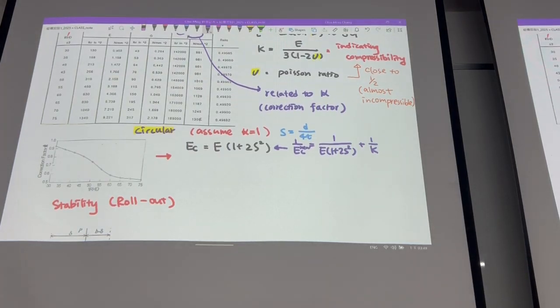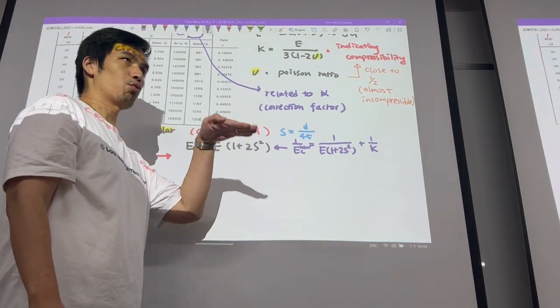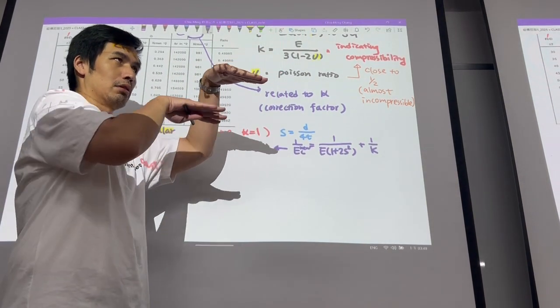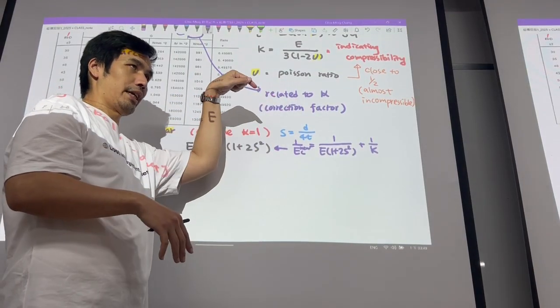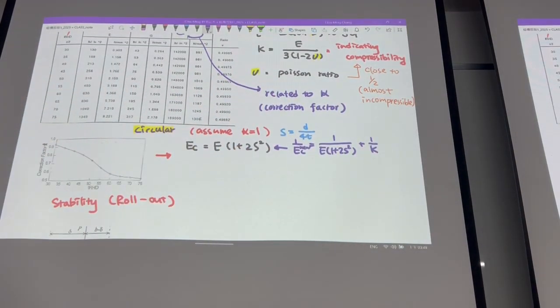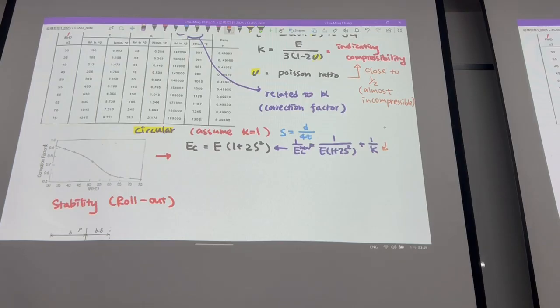So looking at this equation, you will know that because we use 1 layer of rubber, 1 layer of the steel sheet, they are in series. So your sheet and rubber in series.